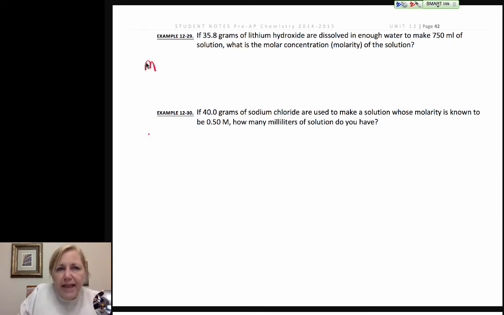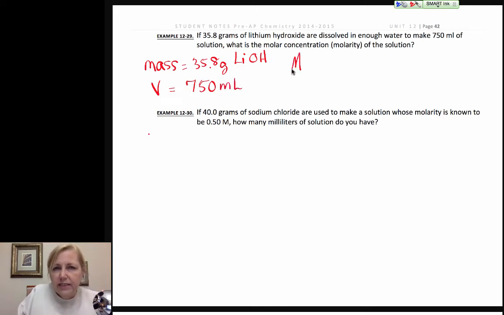So I have a mass equal to 35.8 grams of lithium hydroxide. It's dissolved in enough so that my total volume that includes both solute and solvent, it's my volume of solution, is 750 milliliters. And the question asks, what is my molarity?